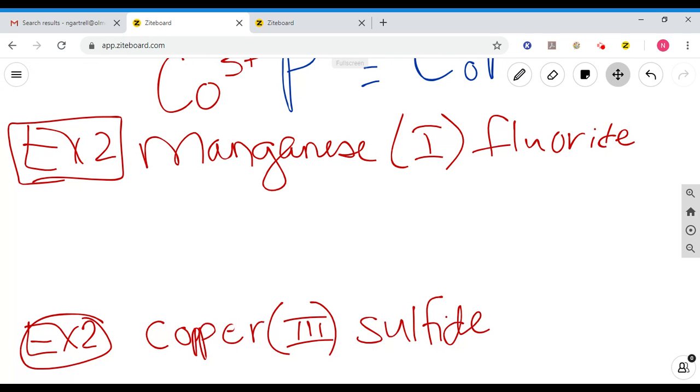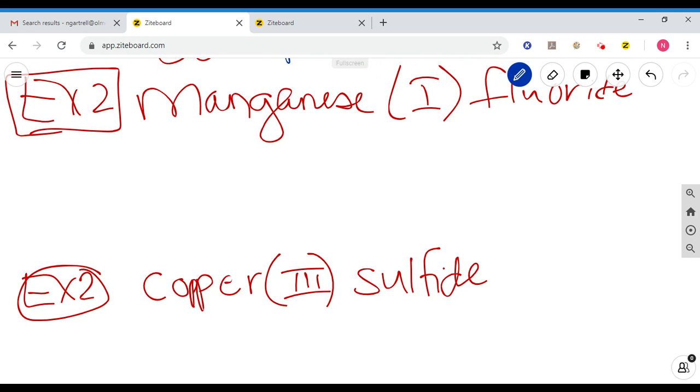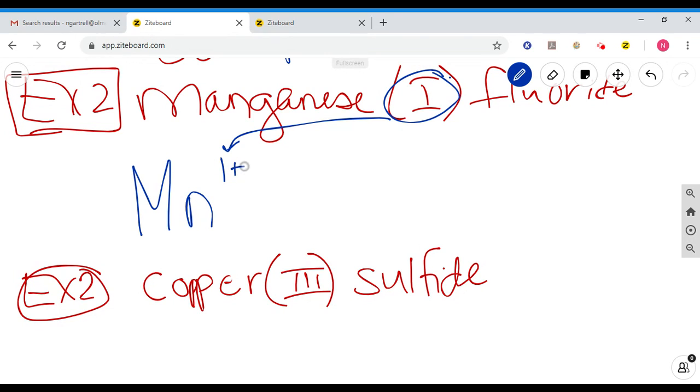All right, the next one is manganese 1 fluoride. So manganese, make sure you wrote that correctly. I gave this to you because some people write it as Mg. And then here's my charge. So 1. And then fluoride is 1 minus. These cancel out.